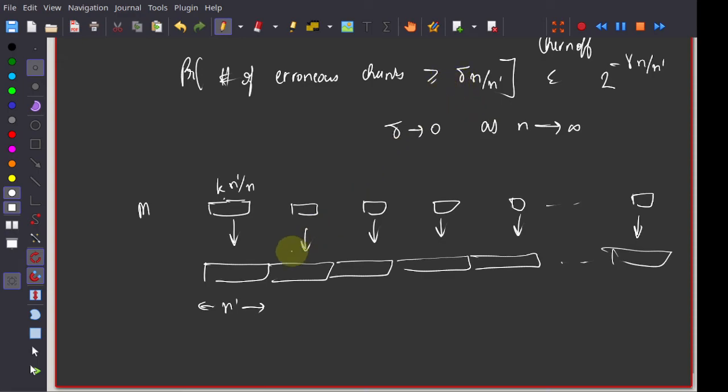Then as long as this particular stage made not more than these many errors, everything will be decoded correctly. All the message bits would be decoded correctly.